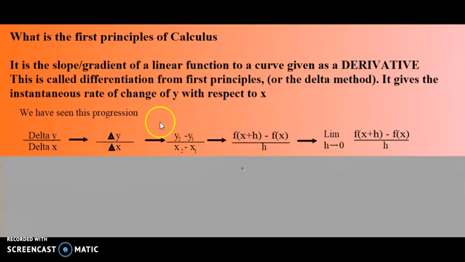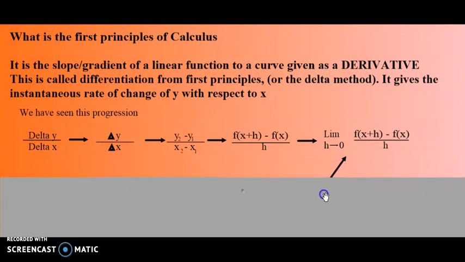Then we elaborated and said it's y2 minus y1 over x2 minus x1, or also commonly known as ya minus yb over xa minus xb. Then we went to the average gradient of a curved graph, and then we moved over to limits.